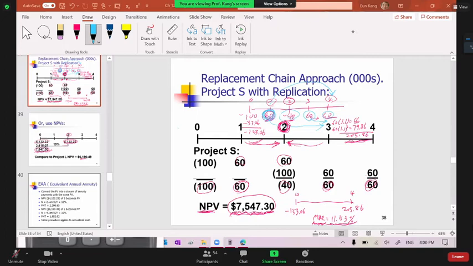You can compare the NPVs? How? Because they have different lives. You cannot directly compare a 3-year project with a 4-year project, right? Like you cannot compare a 2-year project's NPV with a 4-year project's NPV, right? And how can you compare a 3-year project and a 4-year project?